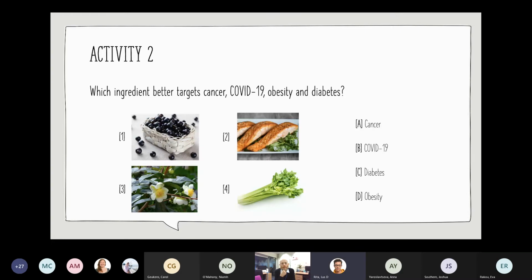There is another one of those 4 ingredients that was identified to have the biggest number of molecules with cancer-beating properties. And the other 2, I just hope that you can guess right based on what I said on the previous slide.